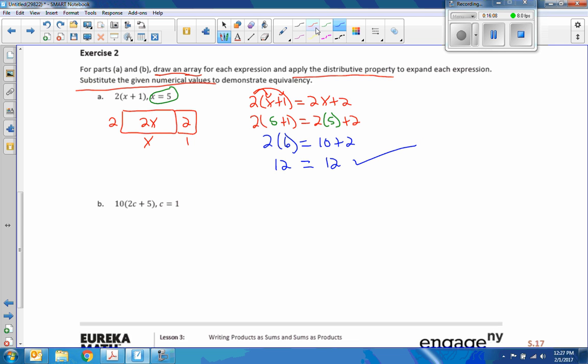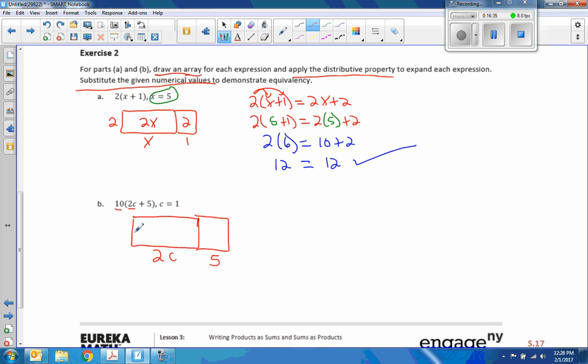Okay? Next problem. 10 times 2c plus 5. So before I get ahead of myself here, I have to do what they asked for, draw an array. So I'm going to draw a rectangle, and I'm going to call it 2c. That was my first term. Then I'm going to draw another rectangle that's smaller. That's going to be my constant. I'm going to call that 5.